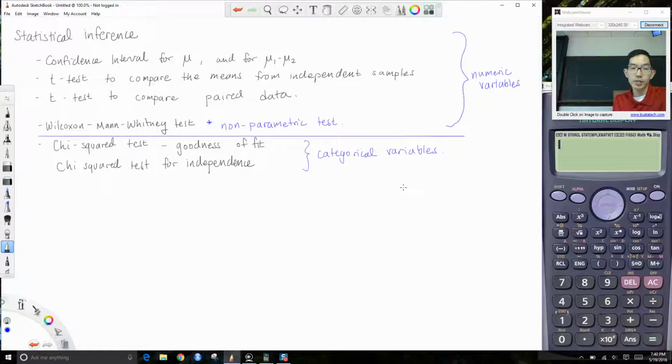So today we're going to cover the Wilcoxon Mann-Whitney test, which will be the last of these numeric variable tests. Then we're going to learn these chi-squared tests. In the following weeks, next week, we will learn ANOVA, and then the week after will be correlation and linear regression.